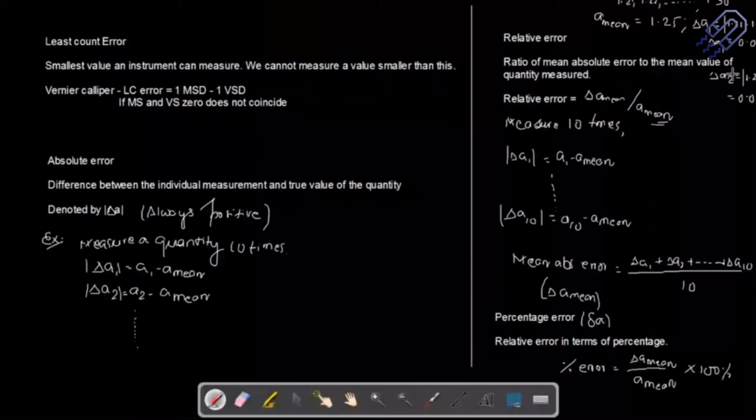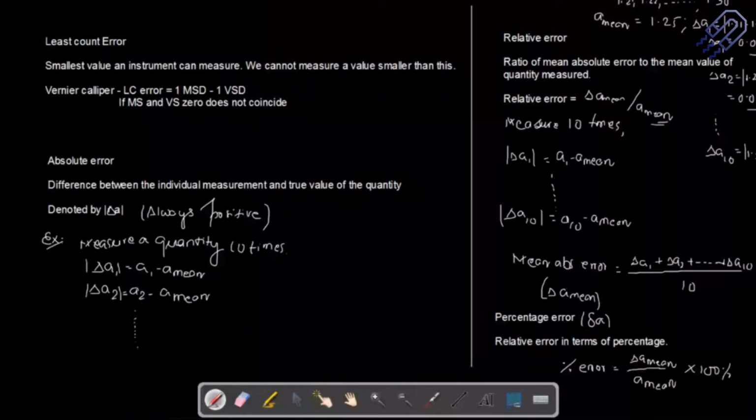Then I will keep on adding. Please remember, this is a uniform value that I've taken, so finally you might get this value to be 0 also, but this is just an example that I'm taking. I will keep on doing it and go up to delta A10. What is delta A10? It is 1.30 minus 1.25.